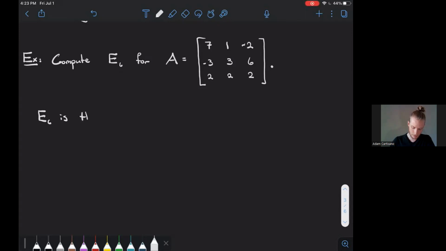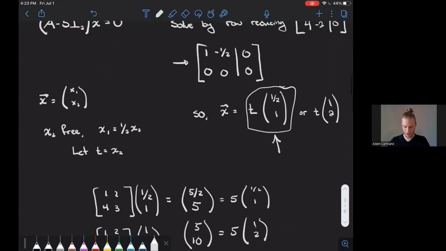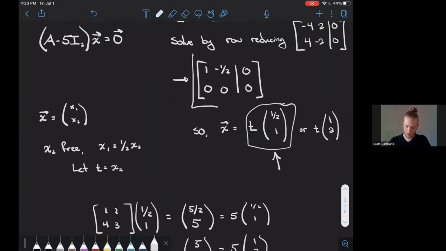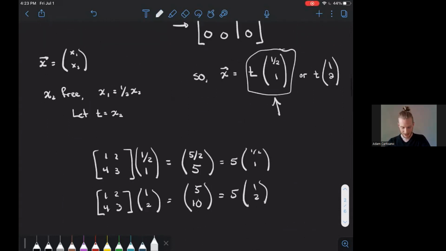E6 is the null space of A minus 6I. That is precisely what we computed up here.